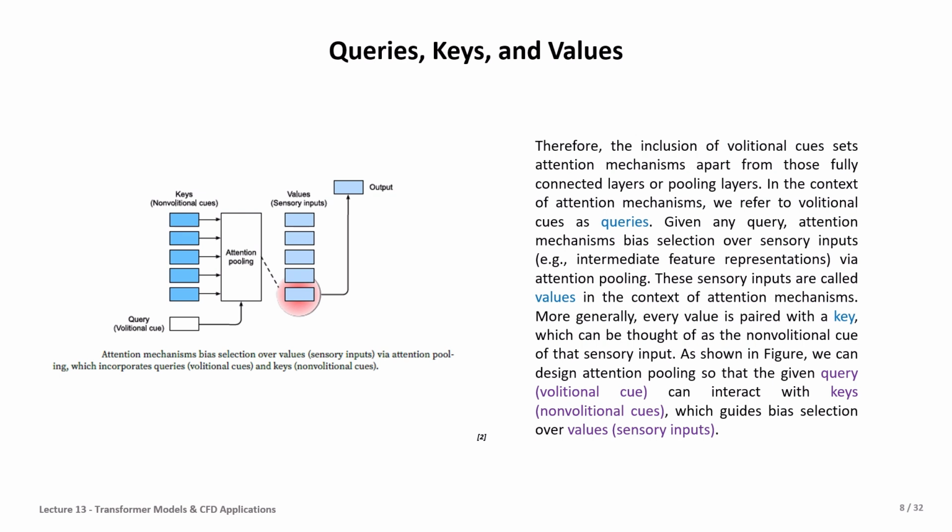If we look at the simple attention mechanism in this figure, we can say the attention pooling is designed in this way: volitional cues, which are called queries, can interact with the non-volitional cues, which here are called keys, and with values or sensory inputs, and it can guide the bias of the selection.